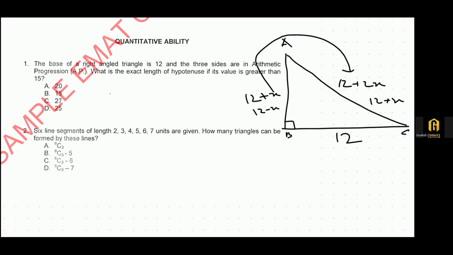So first try to solve for the case where AB is greater than BC. By Pythagoras theorem, we can say (12 plus x) whole square plus 12 square will be equal to (12 plus 2x) whole square.